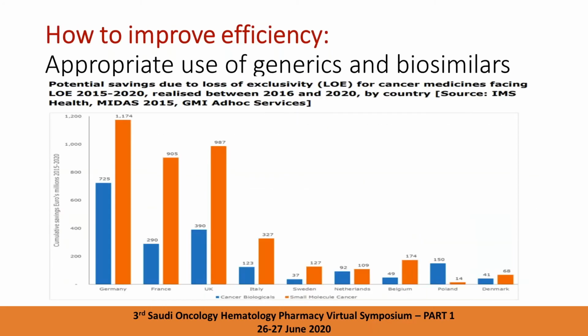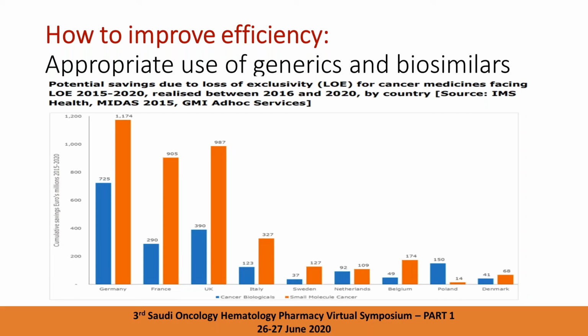This is an example of a change or a shift that can be done at formulary level, and that can lead to substantial saving. As you know, a number of biologics are now moving off patent in the next few years, and it is expected to see a rise in the development of biosimilars.